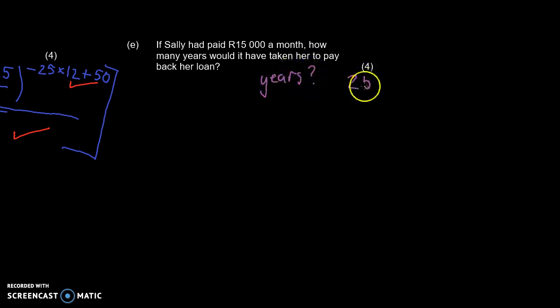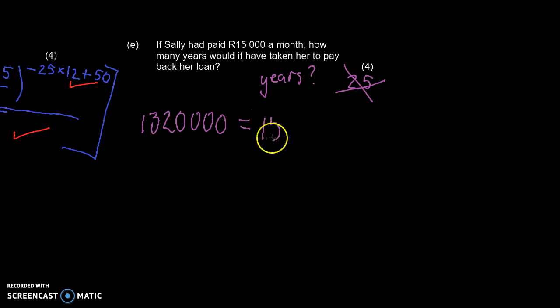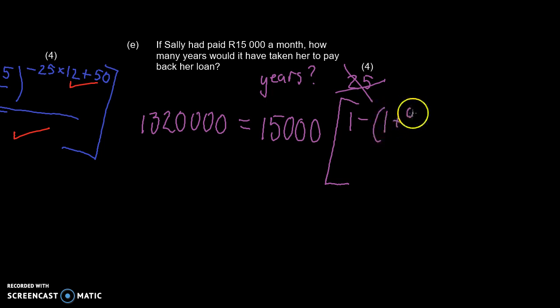Originally it was 25 years, but now it's not going to be 25 anymore. We still have the same loan amount. Let's write that out. The installments have changed, but we're still going to use the present value formula. Once again, we're writing down all of this: 0.095 divided by 12.